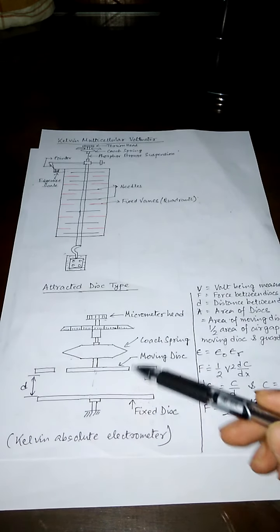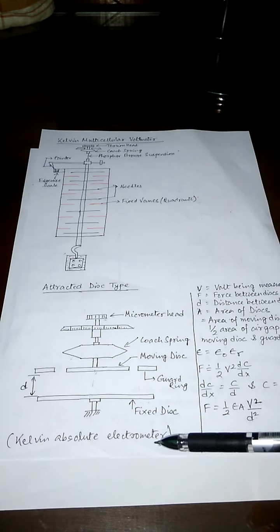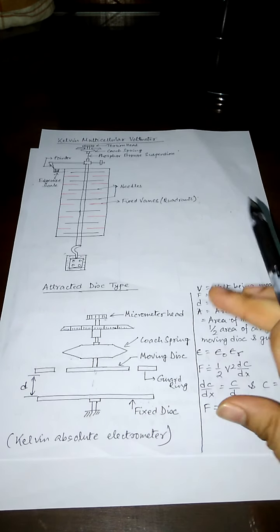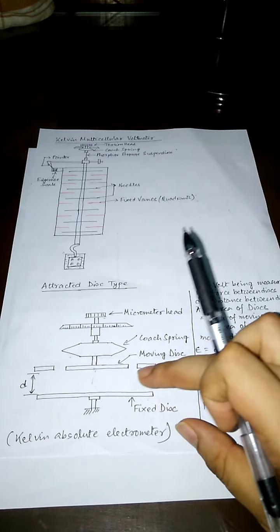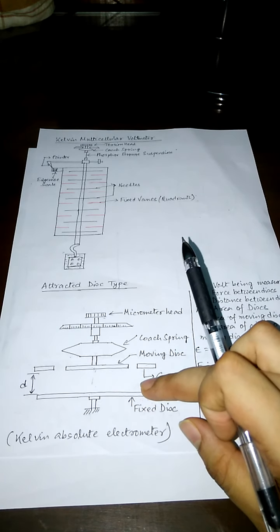That is also called the Kelvin absolute electrometer. It gives us the indication of the absolute potential difference.